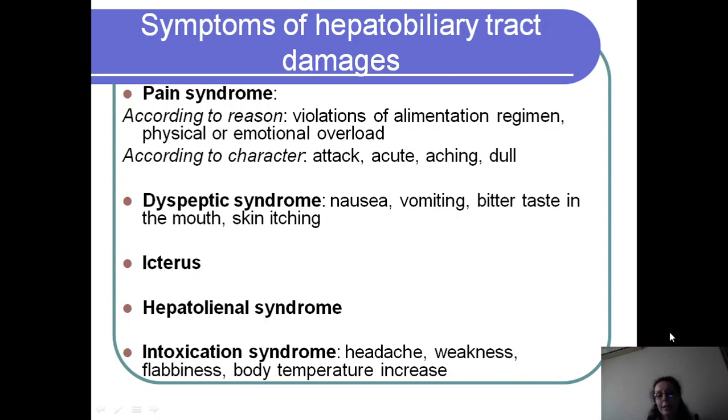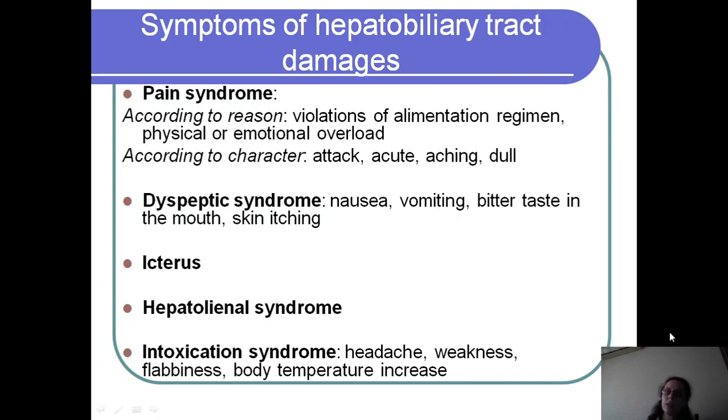Also another syndrome, the syndrome of jaundice. Jaundice is yellowing of mucous membranes and skin due to an increased level of bilirubin, which is called hyperbilirubinemia. And there may be different reasons for jaundice in general.